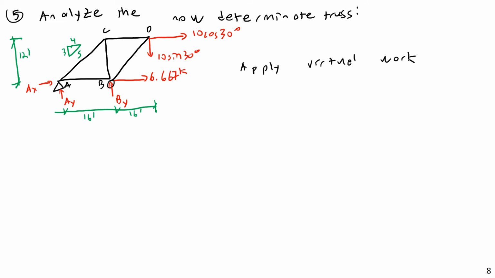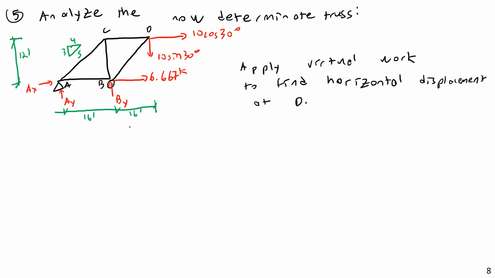We're not going to be interfacing this with the force method again. This is just virtual work like we've seen throughout the semester. So apply virtual work to find horizontal displacement at D.